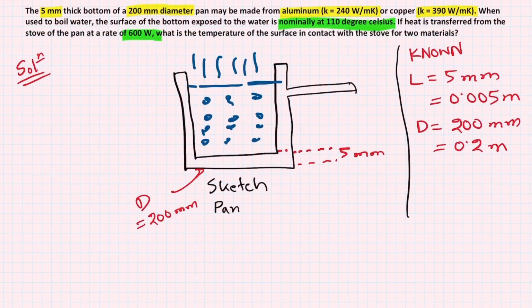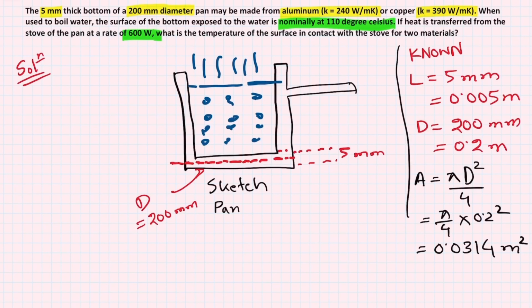Because it's a circle, the cross-sectional area of this pan, where I'm drawing a red line now, is given by pi D squared over 4. We calculate that area, and it turns out to be 0.0314 meters squared.